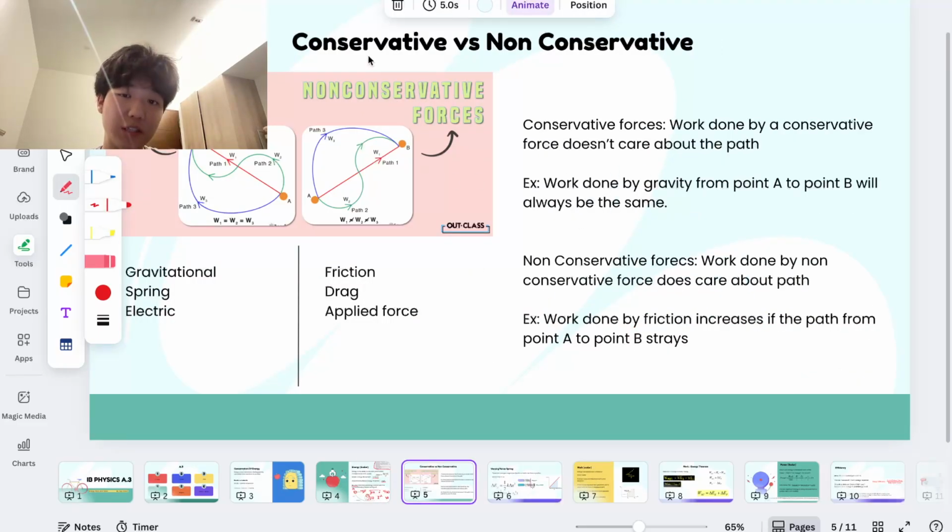So now, what are conservative versus non-conservative forces? Conservative forces are forces where the path you take to get from point A to point B does not matter. It's the same regardless of what path you take. For example, if you're walking downstairs, let's say, from third floor to first floor, you gain some amount of energy.